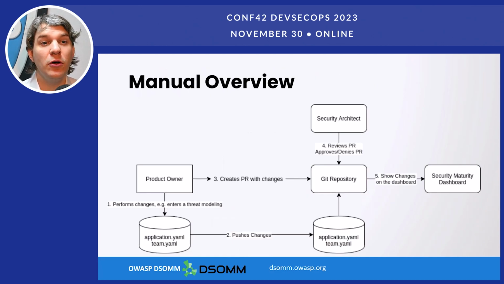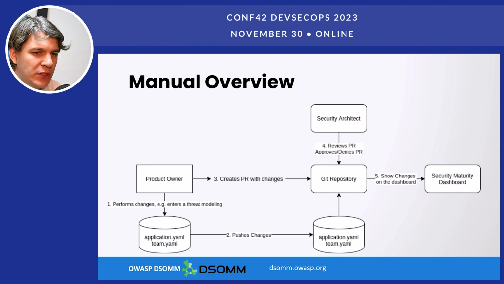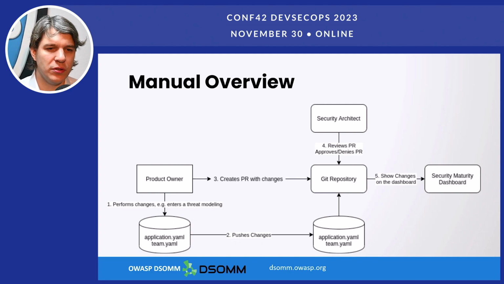Here you see an overview of how product owners or the team can handle the YAMLs in the product in the repository. So you have a repository, and the product owner maybe pulls the repository or uses a web UI to perform changes.